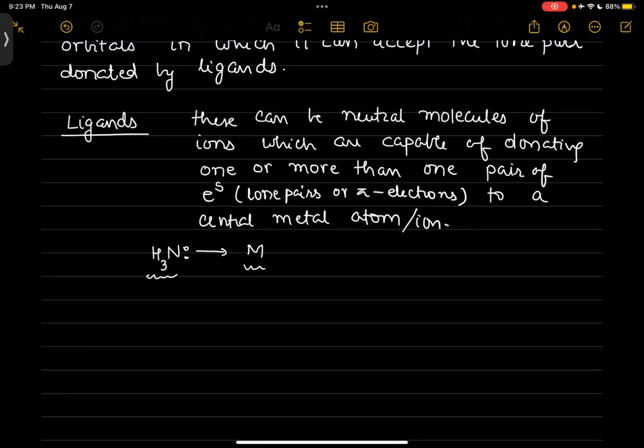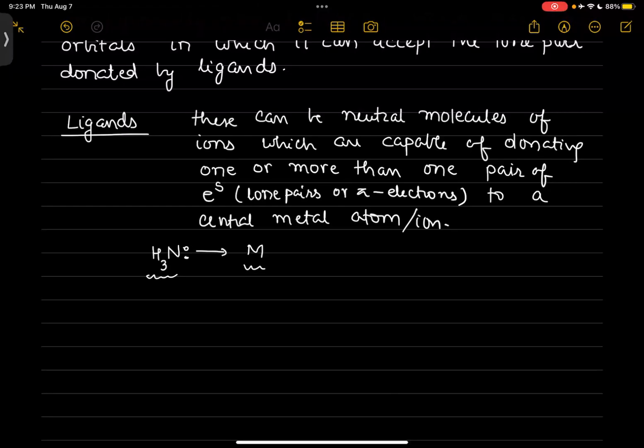Ligands can be positively charged, but they are less common. Positively charged ones are very few in number because ligands need to give electrons. So they are mostly negatively charged or neutral molecules which have a pair of electrons in the form of a lone pair or pi electrons, which they can share with some metal atom.